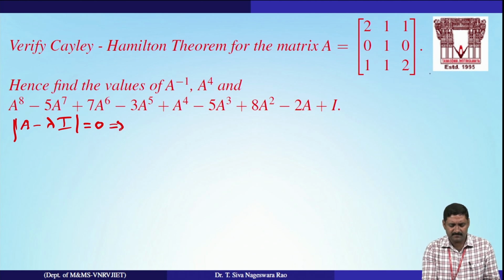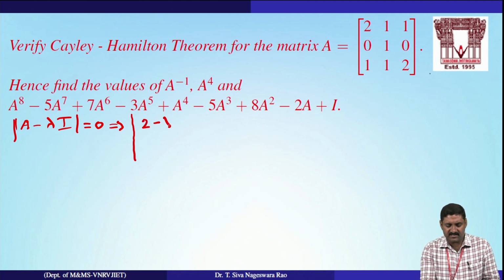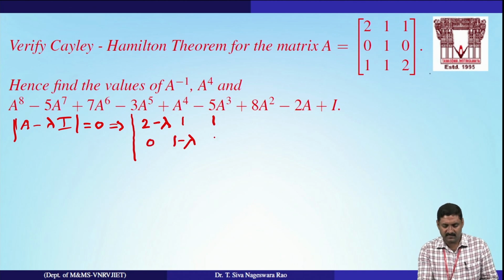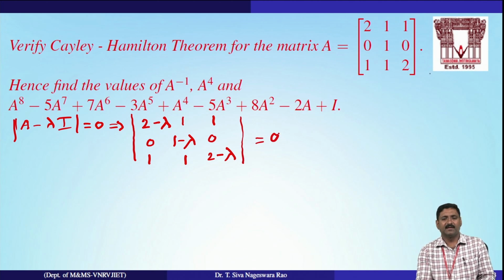This implies determinant of 2 minus lambda, 1, 1; 0, 1 minus lambda, 0; 1, 1, 2 minus lambda is equal to 0.